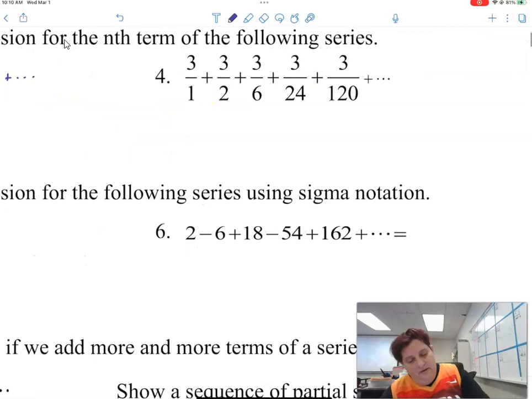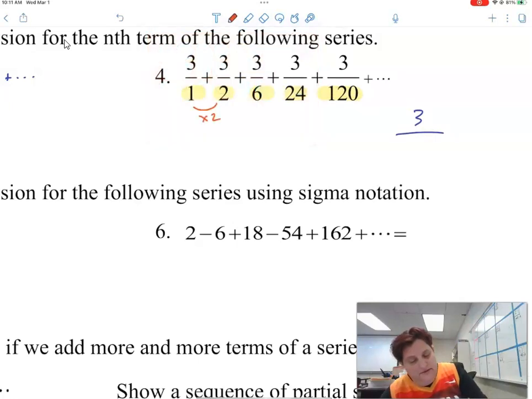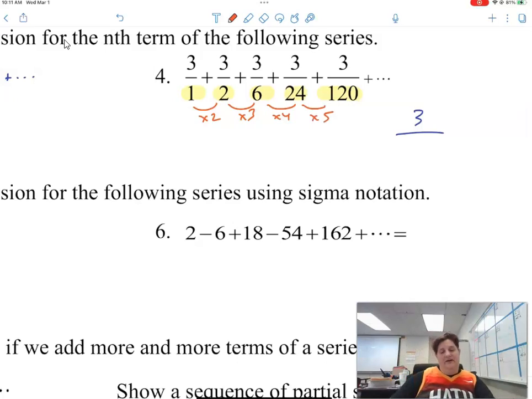Okay? What about this one? Those are 3's all on the bottom, or on the top, I mean. Then on the bottom, let's see what's happening. Okay. This is going times 2, times 3, times 4, times 5, right?